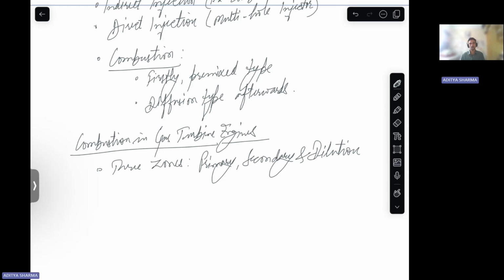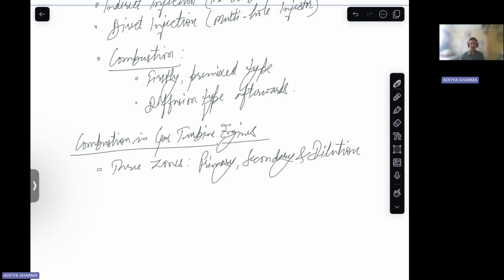So how is the combustion achieved here? Fuel is atomized, and afterwards combustion of the fuel is initiated.